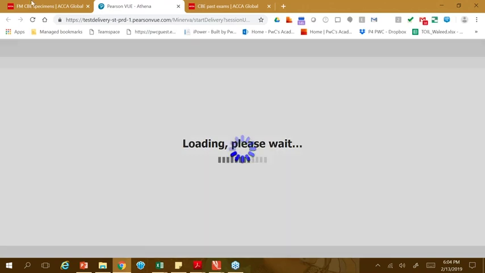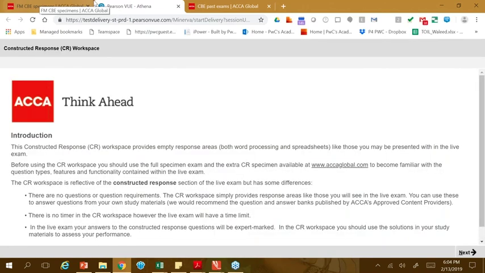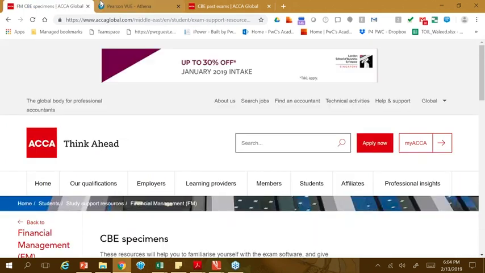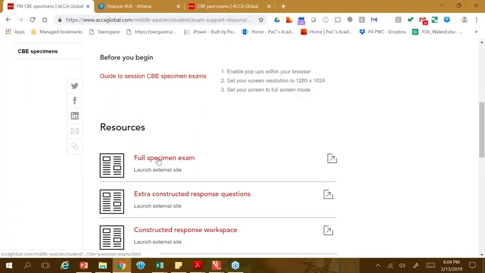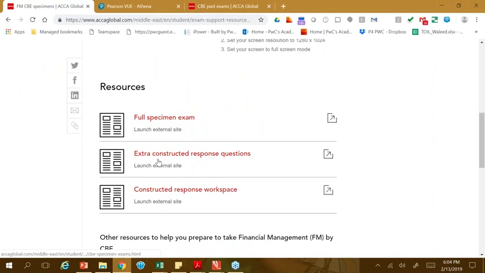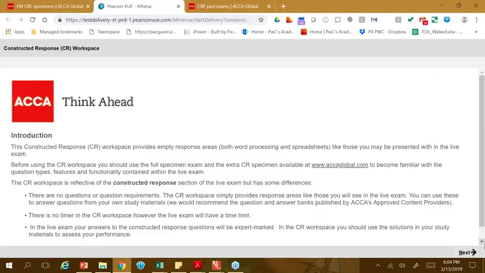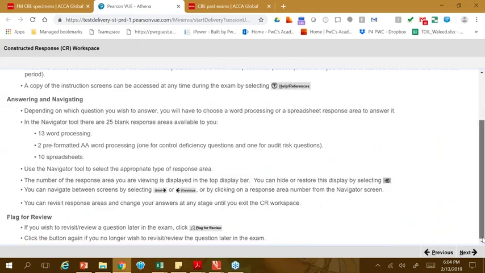You can also open the constructed response workspace, which is available on the CB exam link, the specimen exam link, where we have the constructed response workspace. And because it is the 2013 question, therefore we don't have the CB version of it as yet.